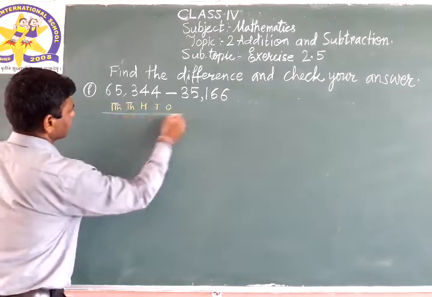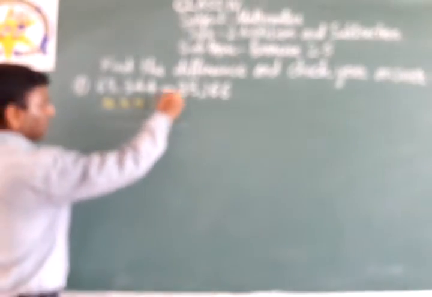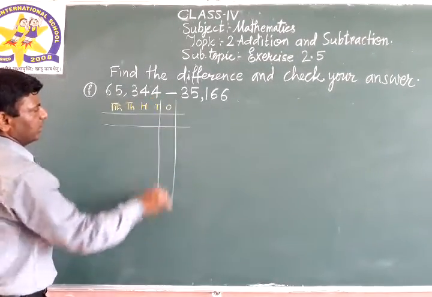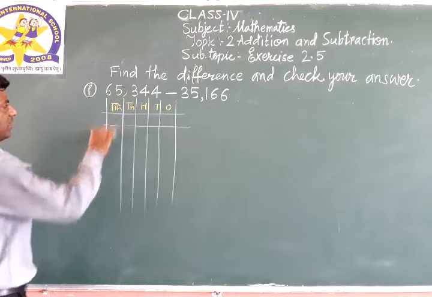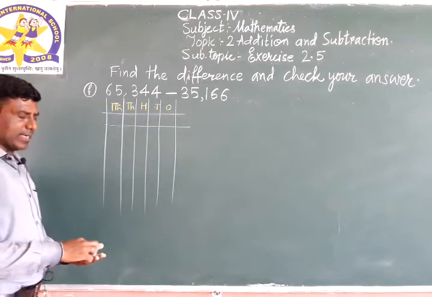Draw the columns first with the help of a ruler, with a soft hand. Don't draw dark lines. Understand?